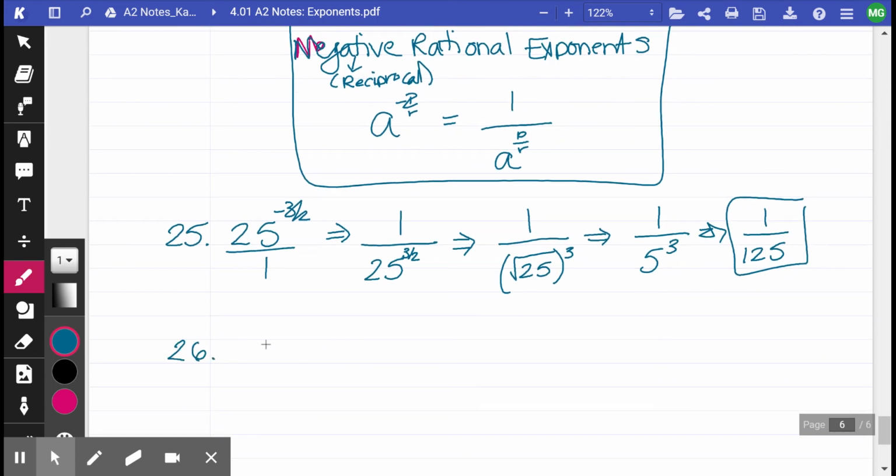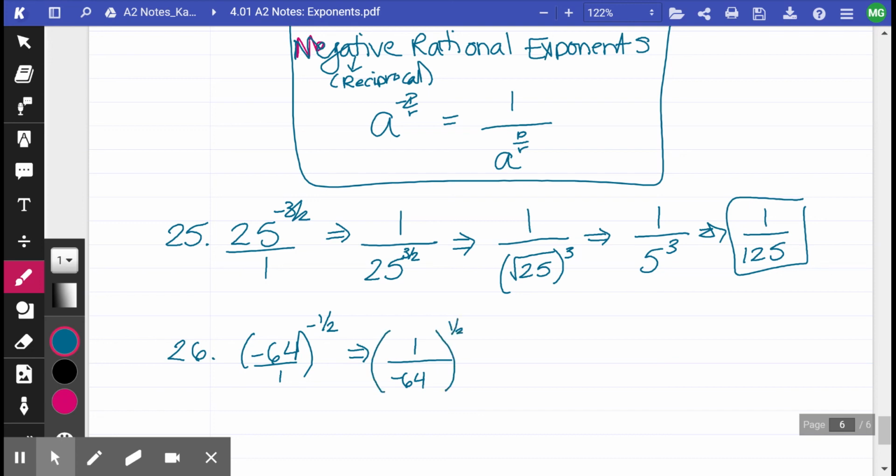Okay, try another one. Do negative 64 raised to the negative 1/2 power. Pause the video, see if you can do that one on your own. Okay, so negative exponent, so I say stay or go. It's going to go. Right now it's over 1, so negative 64 to the 1/2 power.